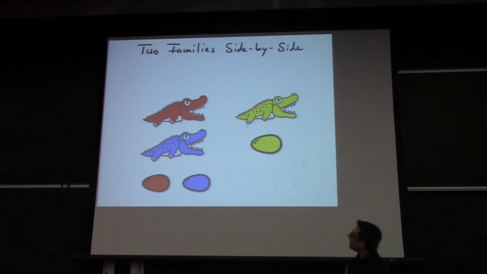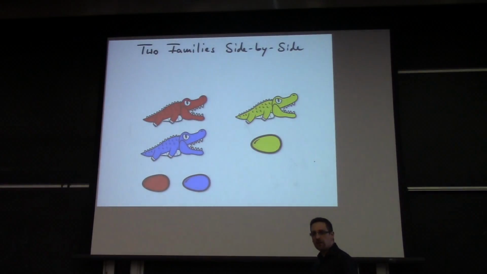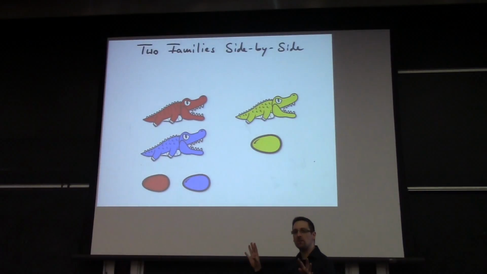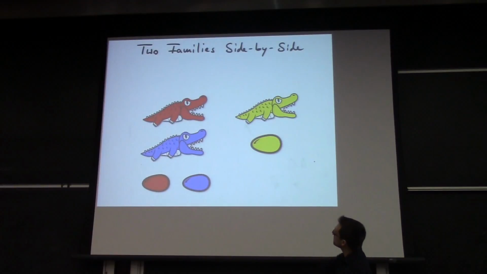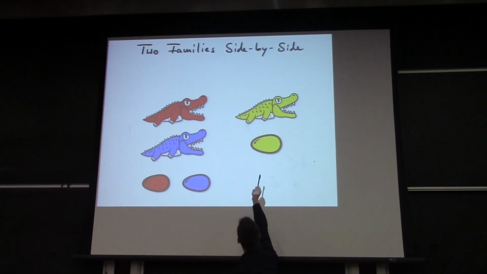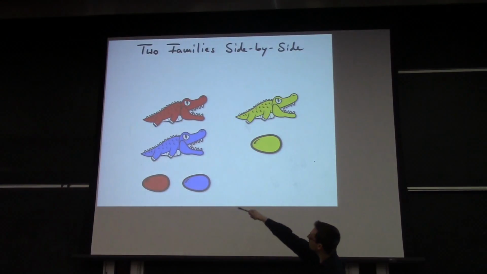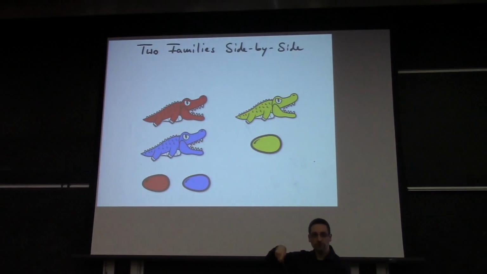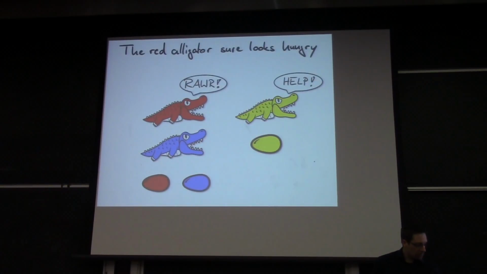So far we haven't really seen anything interesting. Interesting things start to happen when we put these families side by side. Just like here, we have two families. This one has just this yellow alligator with an egg, and here's this other family that we've seen before. They're called hungry alligators, and there's a reason for this. Surely this one looks very hungry.